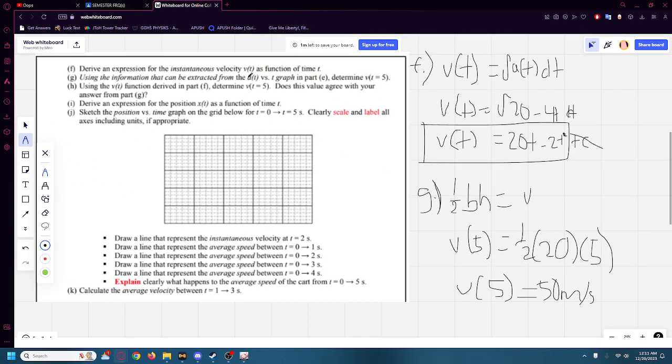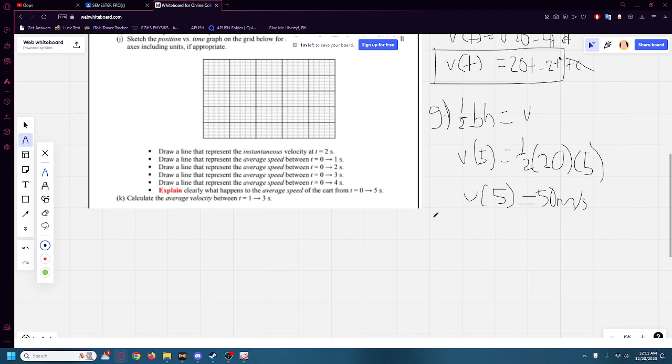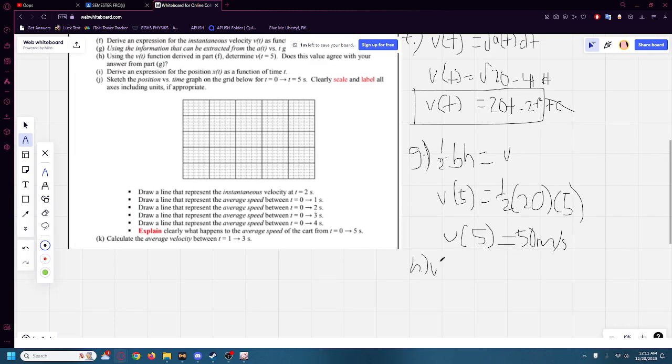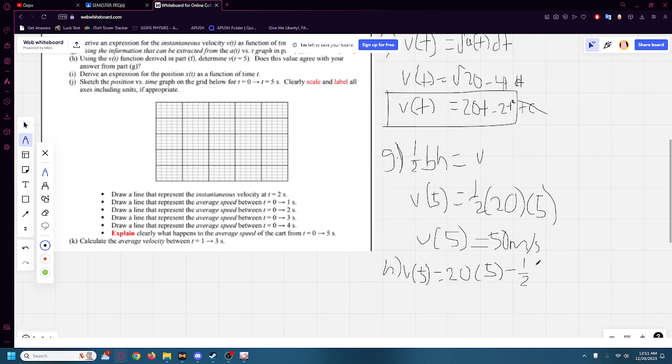So H asks to find it. Our formula says v of t equals 20t minus 2t squared, so v of 5 is equal to 20 times 5 minus 2 times 5 squared.